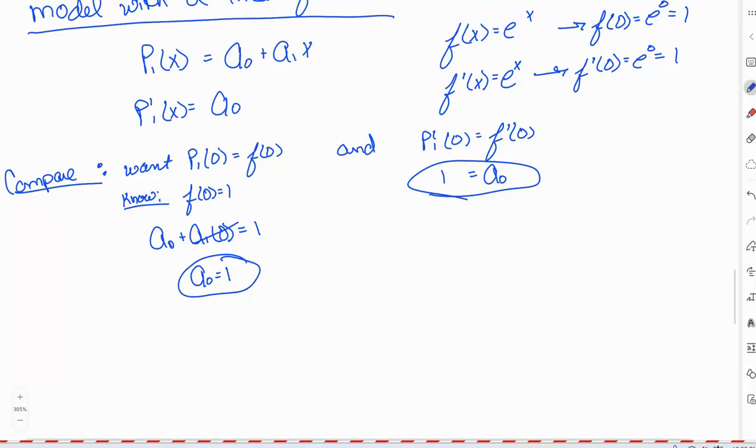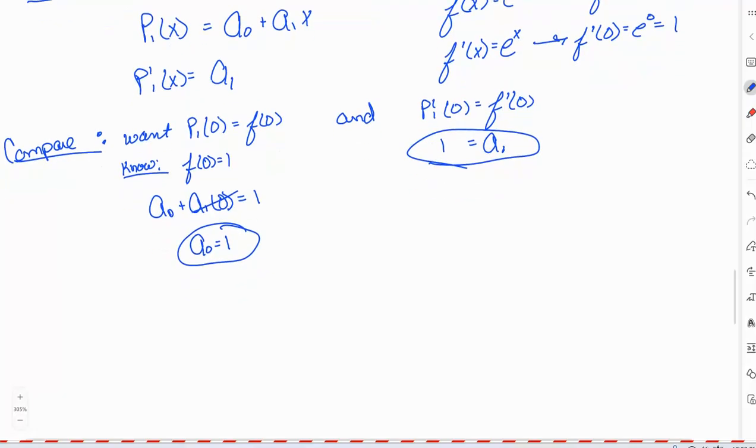I made a slight error. Let's go back here. When I take the derivative of p1, the derivative of a naught is 0. The derivative of a1x is just going to be a1. So this guy would actually be equal to a1. Because we know f prime of 0 is going to be equal to that, p prime, and we got 1 for that.